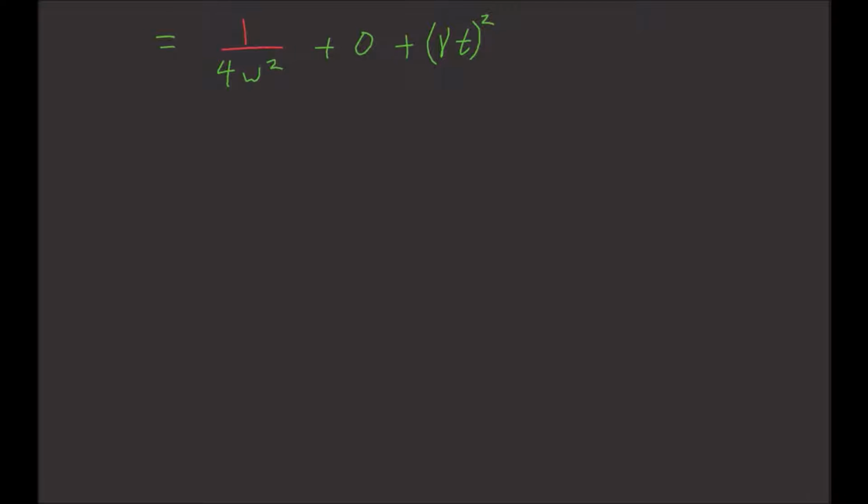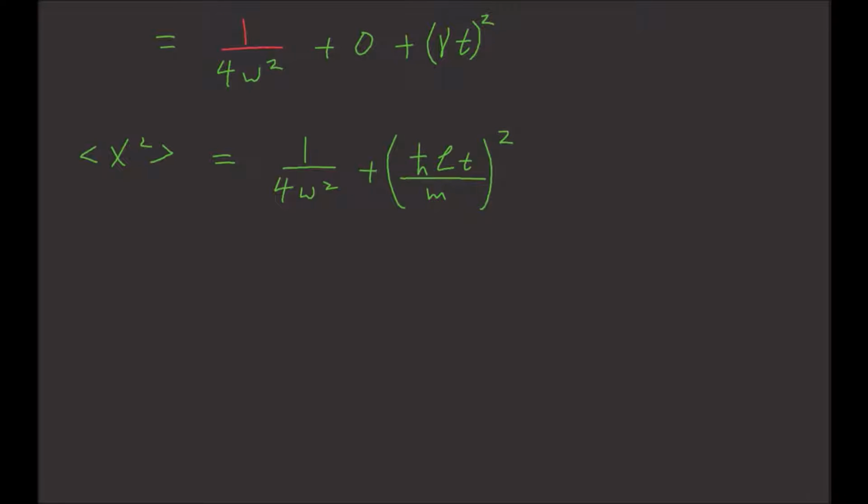So now we have the expectation value of x squared is equal to 1 divided by 4 omega squared plus h bar times L times t divided by m, of course, squared.